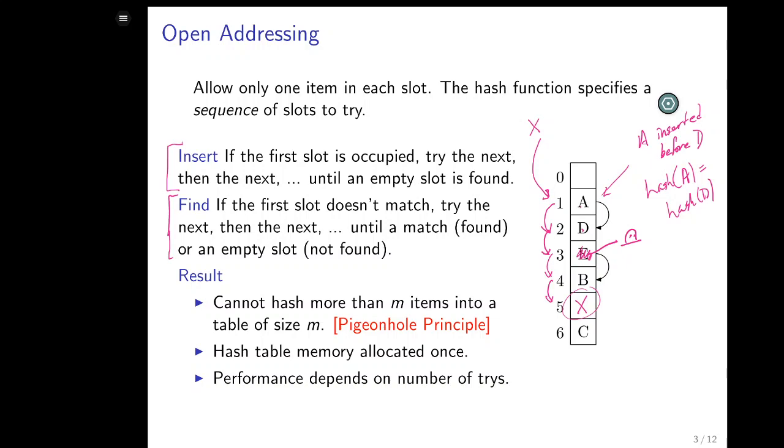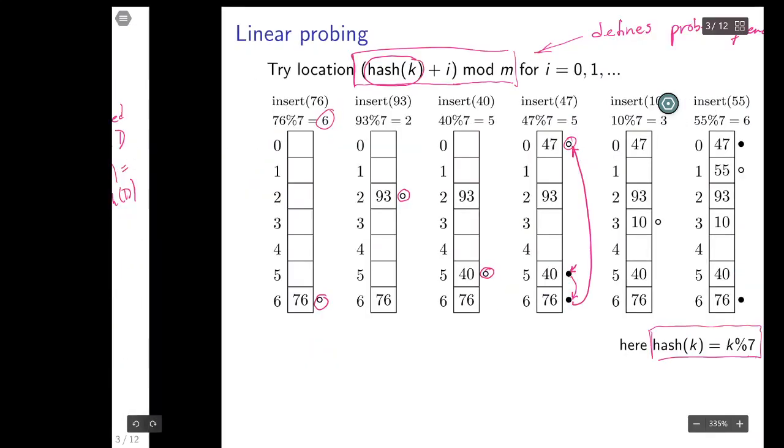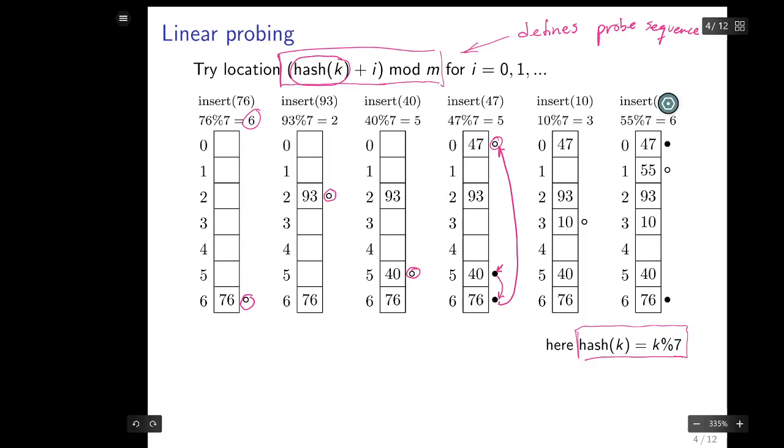That's called primary clustering. In order to avoid primary clustering, you don't do linear probing. You do something fancy like quadratic probing, where the only difference between linear probing and quadratic probing is that you increment by i squared as opposed to i. The hops that you're making through the table are still determined by your try number i, but the hops are getting bigger as you go through, so you don't get this merging of stuff as easily.